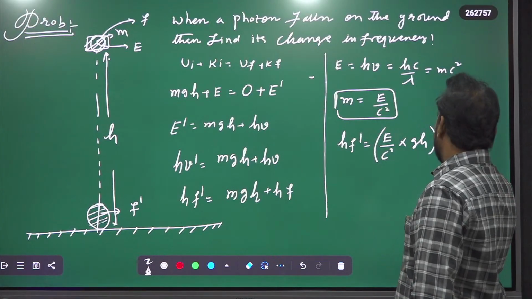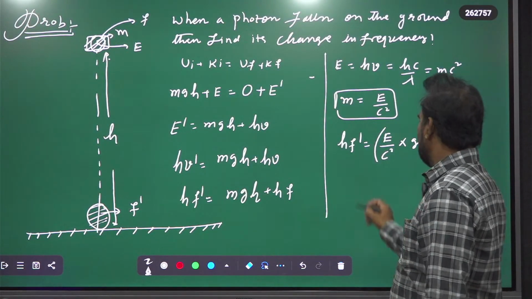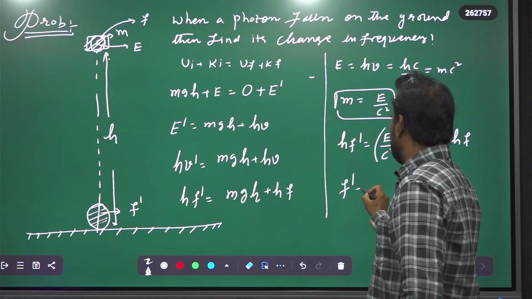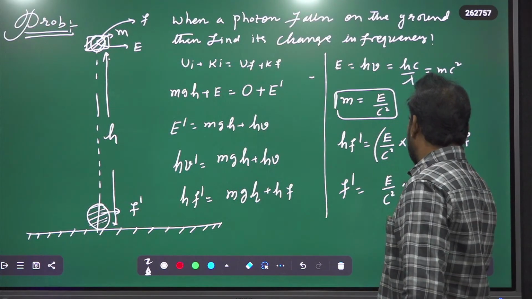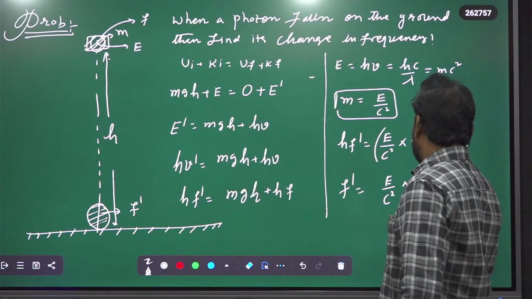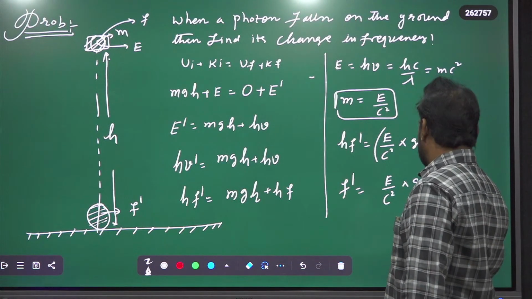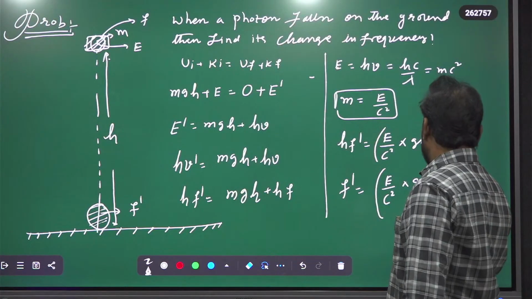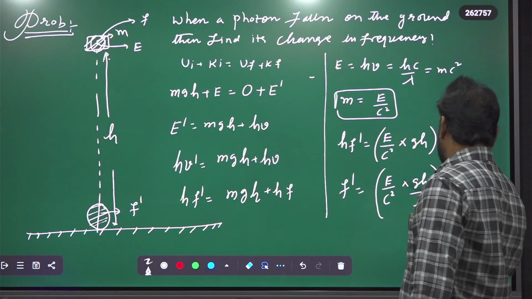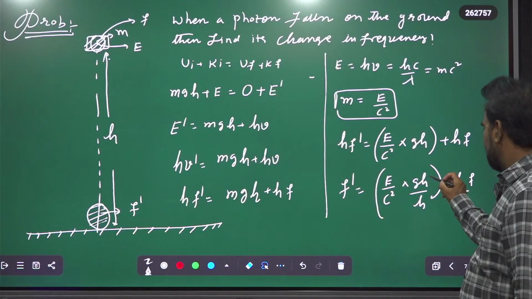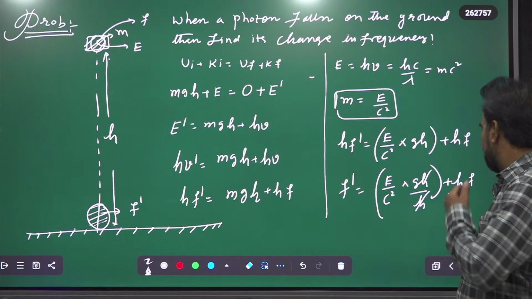plus hf. Therefore, f dash would be equal to E upon c square into gh upon h plus hf upon h. So in this term, h will get cancelled out.